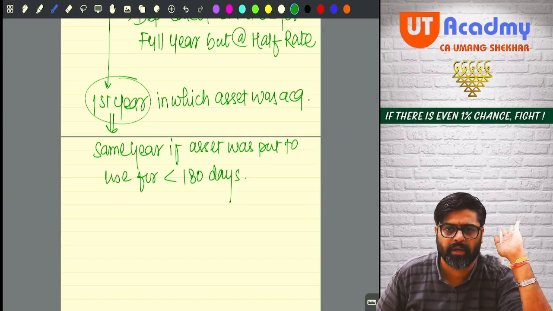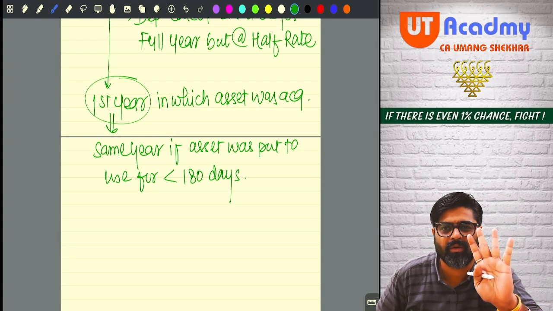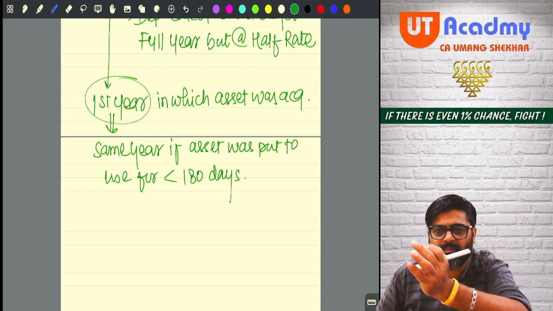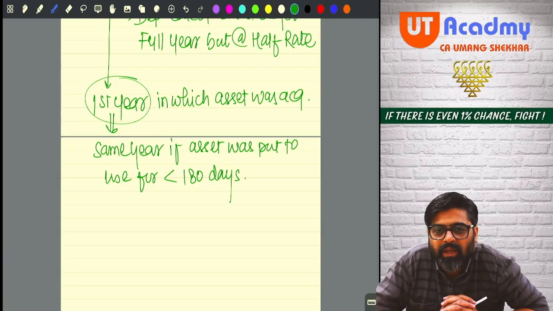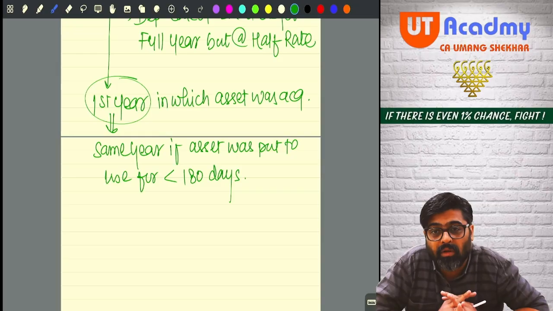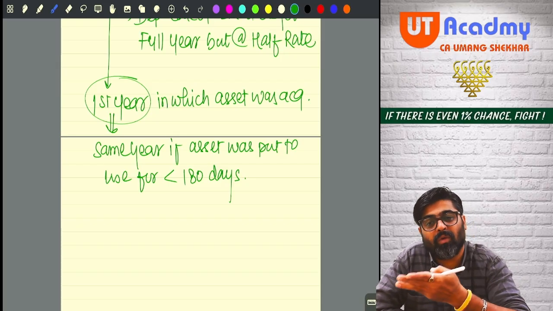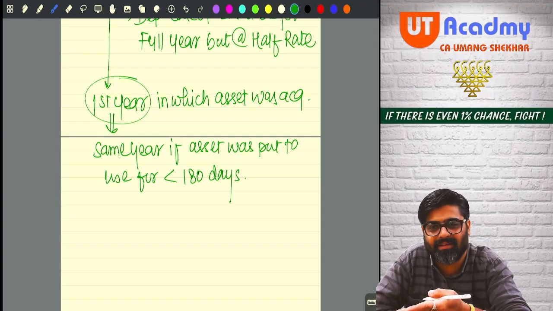Full year, full rate. No need to do the calculation for number of days. No need to do the calculation for number of months. See, your income tax law is very kind. They are trying to avoid the problems which might happen later on. Just imagine if you are an assessee buying only one asset during the year.